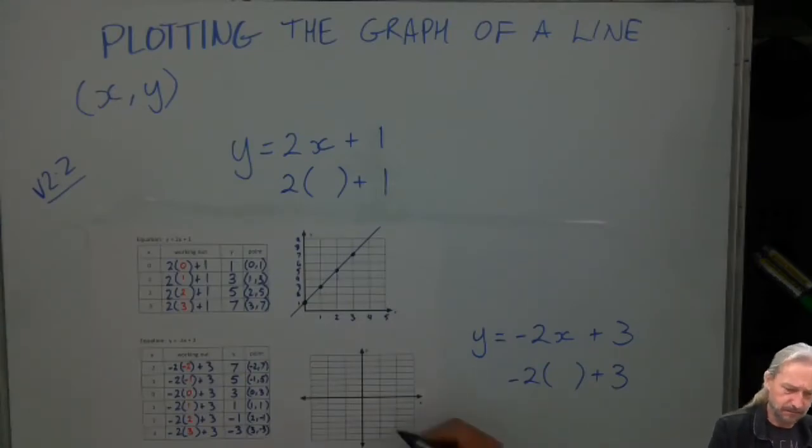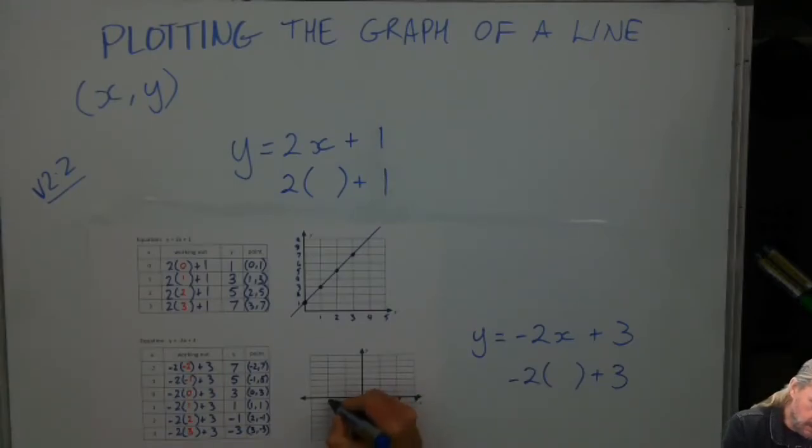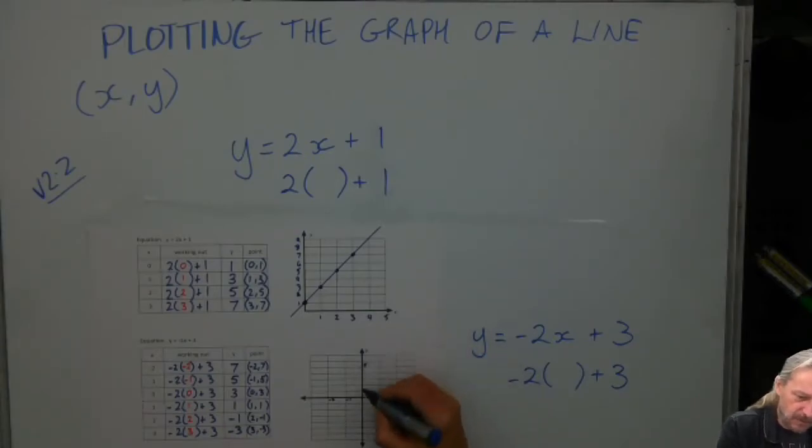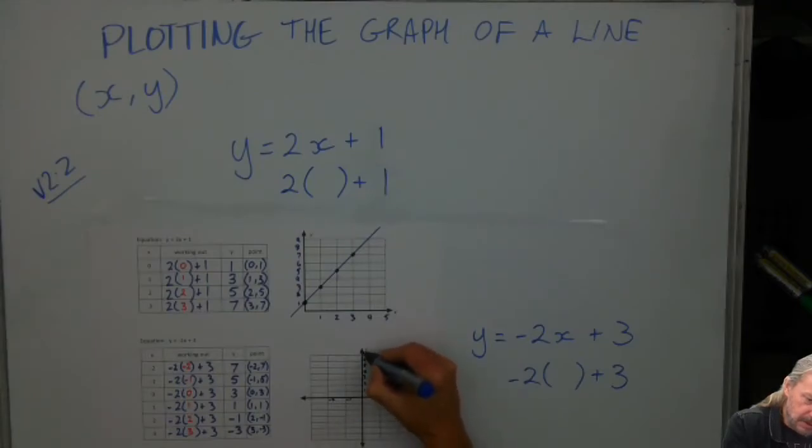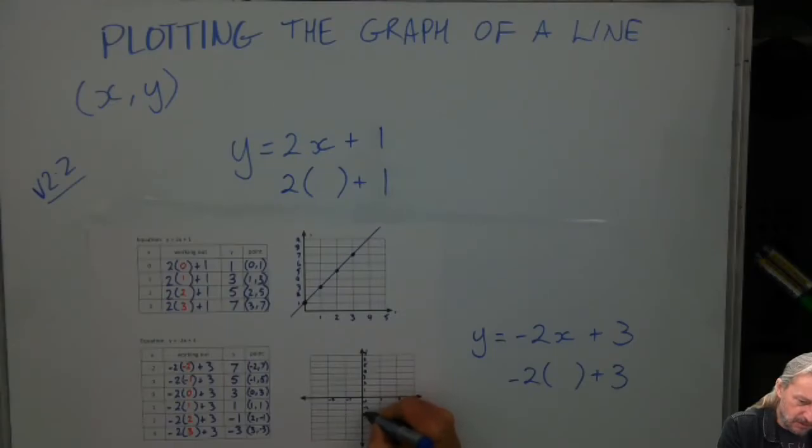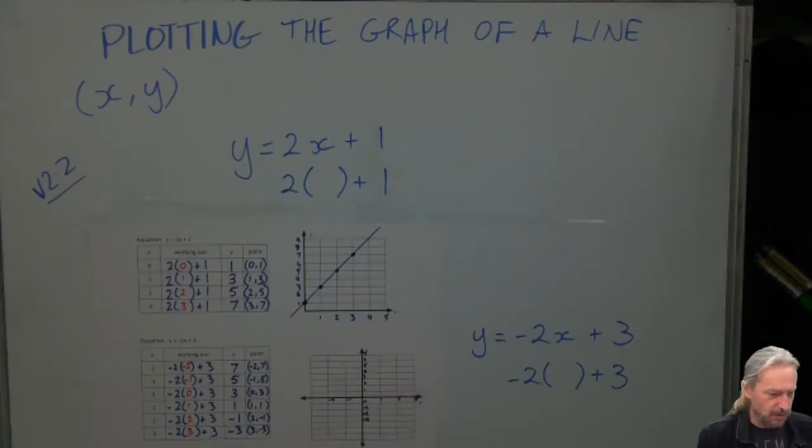Okay, so for the axes, 1, 2, 3, -1, -2. I don't think we need to go any further. 1, 2, 3, 4, 5, 6, 7 at the top. -1, -2, -3, -4. We don't need to go any further than that.